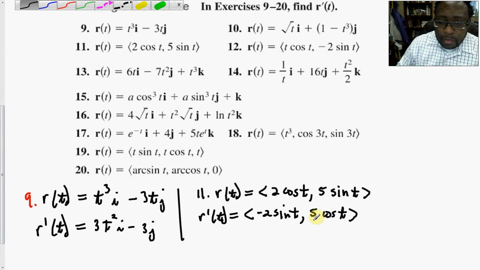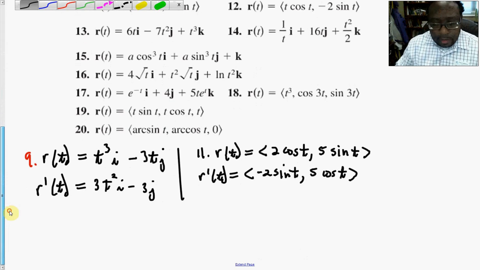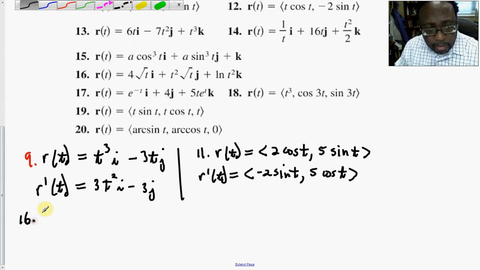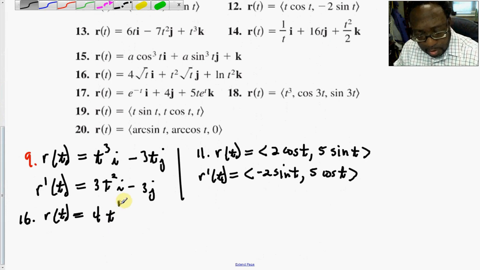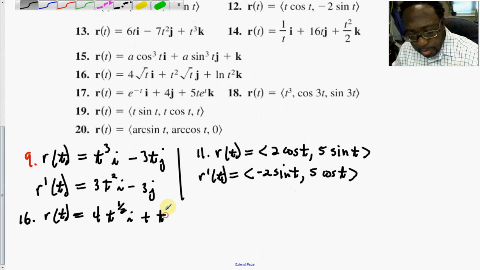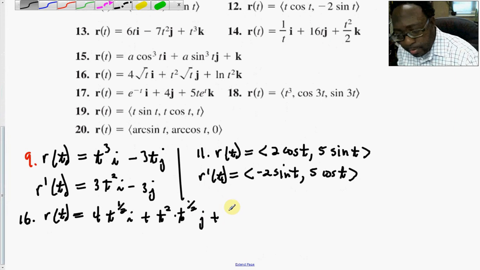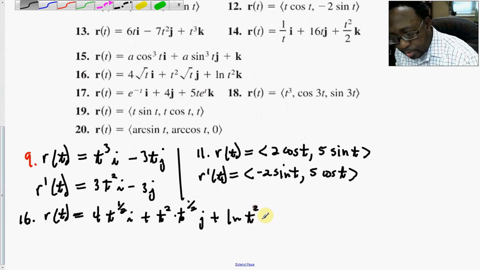Let's move down. What about something like number 16? r of t is equal to, let's write this as 4 times t to the 1/2 i plus t squared times t to the 1/2 j plus the natural log of t squared k.